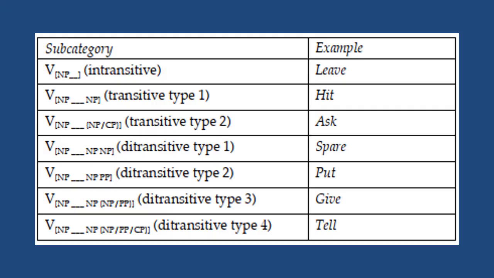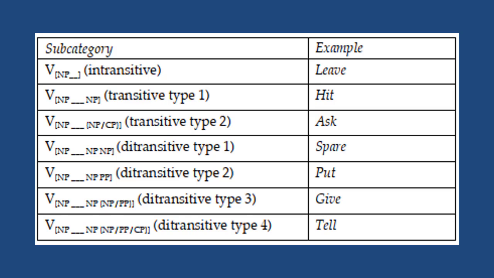As you can see here in this chart, we have subcategories. We have verb NP in intransitive verbs, so a verb and an NP subject, that's it. In transitive type 1, the verbs that require 2 arguments, valency of 2, have an NP, a verb, an NP, like hit.